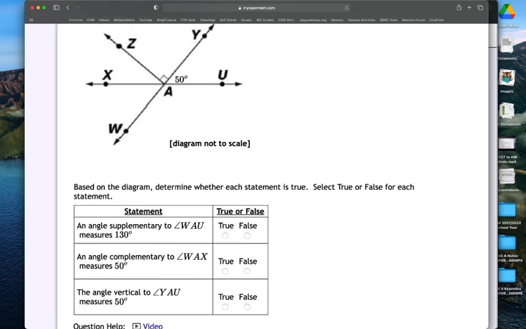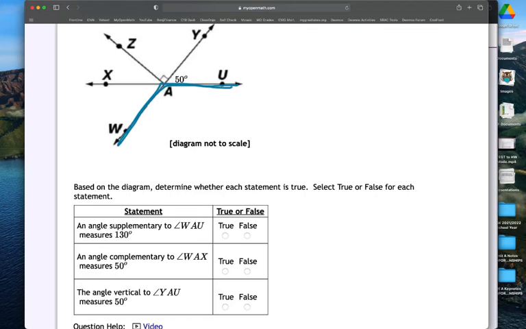First statement, an angle supplementary to angle WAU. Here is angle WAU. An angle supplementary to that measures 130 degrees.